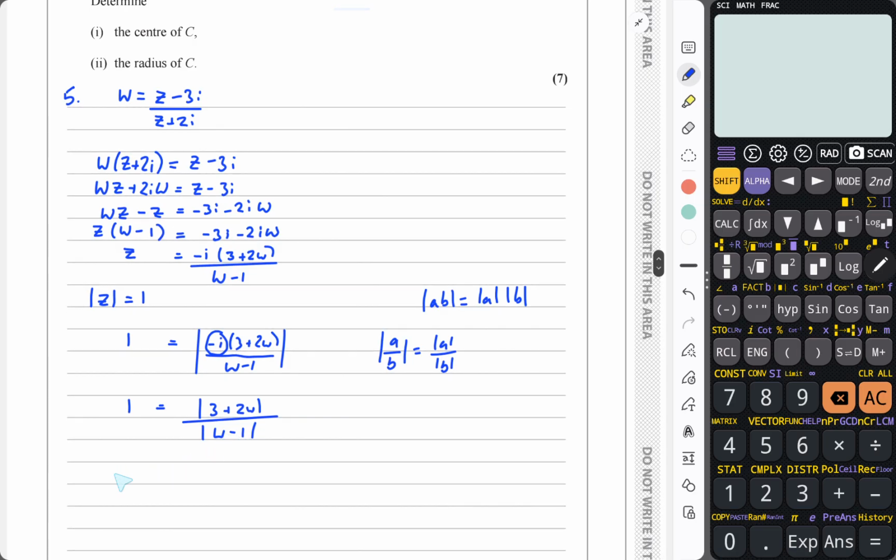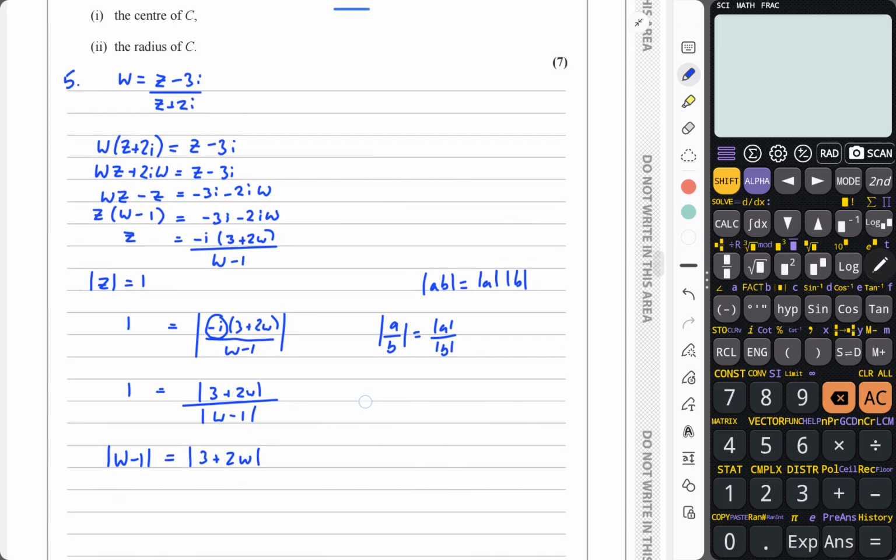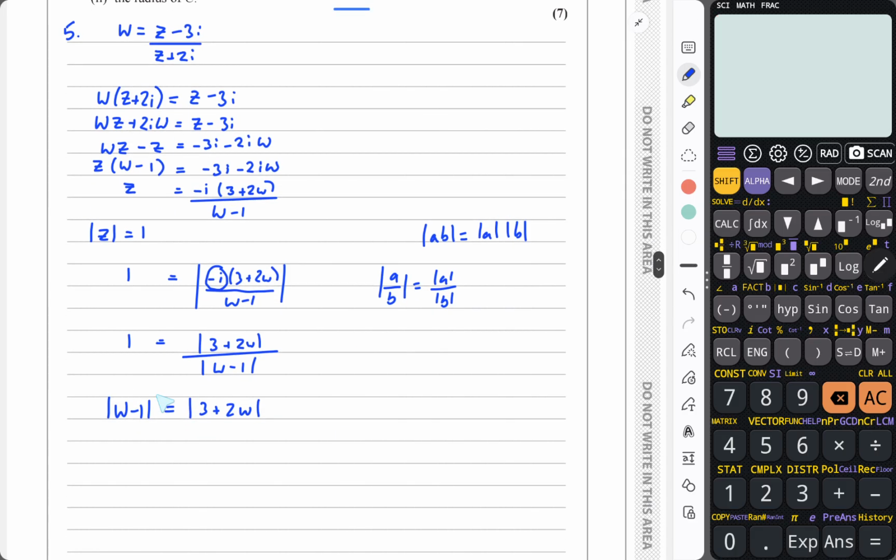I can then multiply by the denominator and I get modulus of w minus 1 is equal to the modulus of 3 plus 2w. I'm then going to square both sides just to make this a bit easier, because I know the modulus squared is equal to the real part squared plus the imaginary part squared.